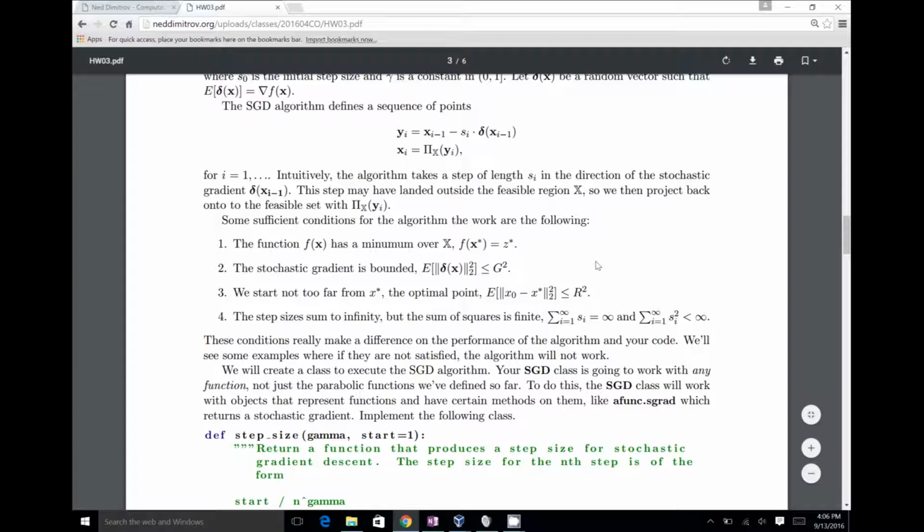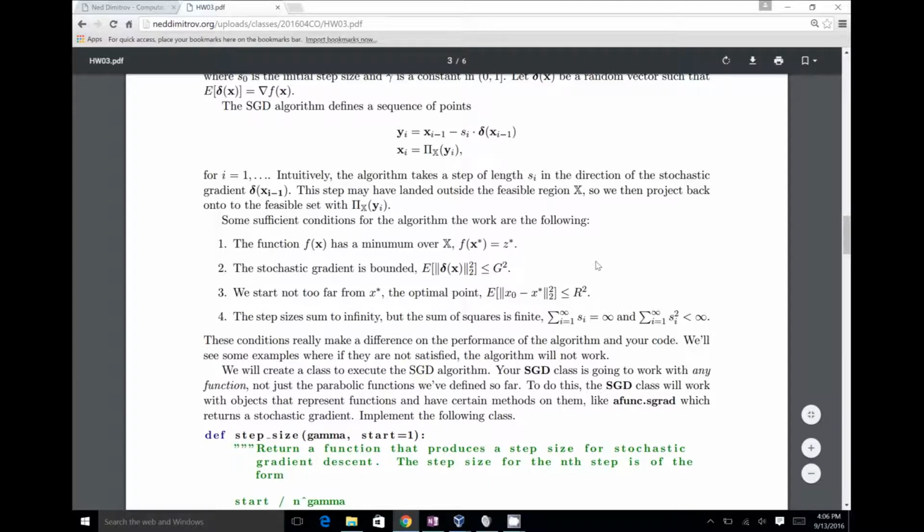If that's not true, it's very easy, and maybe I'll have you run some examples to show that the gradient descent algorithm might actually shoot off to infinity. Even though your function has a nice minimum, even though your step sizes are decreasing, things could go haywire if the stochastic gradient is not bounded.